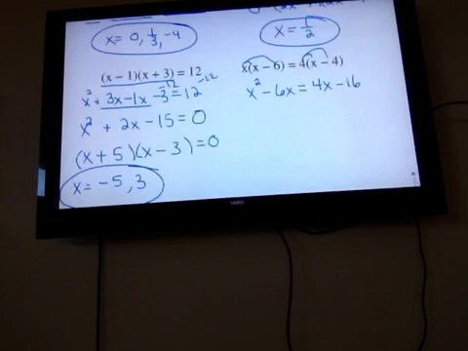And then we'll get that equal to 0. We will subtract the 4x and add the 16. So I have x squared minus 10x plus 16 equals 0.